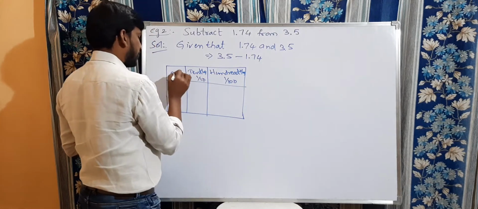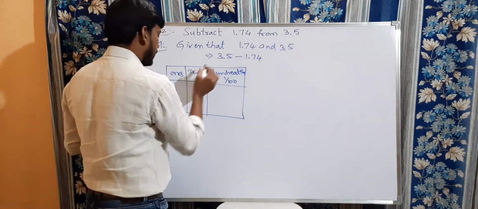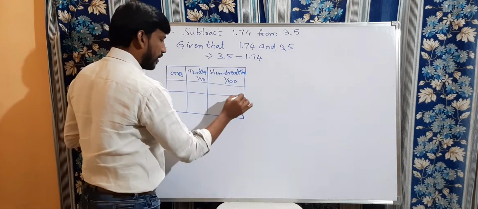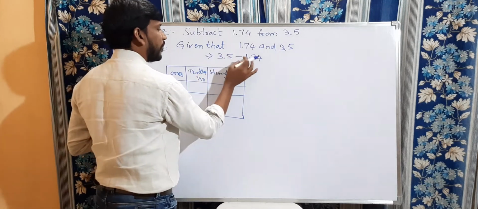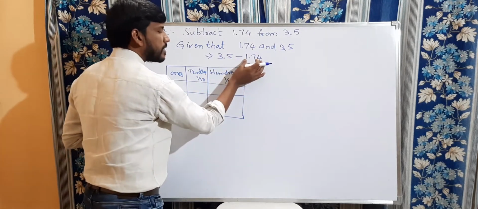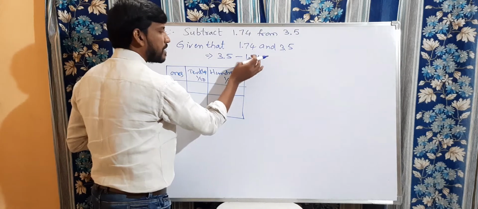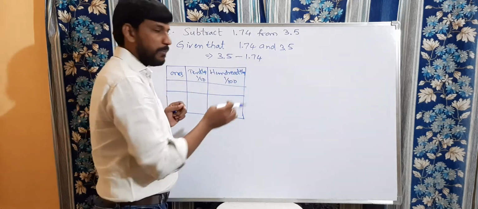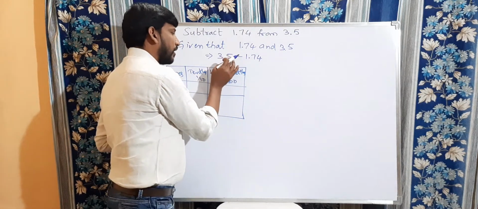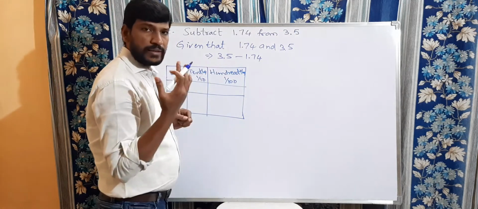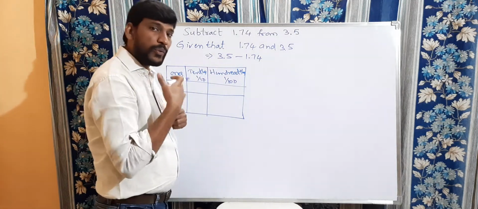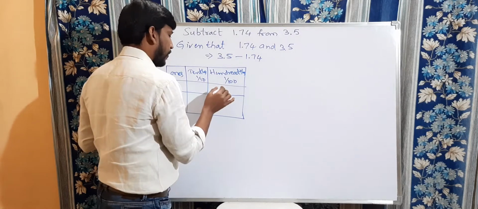This is the 1's place. Now first write the greater value. See here, 3.5 and 1.74. In the second value, we have the 100th place, 10th place and 1's place. But coming to 3.5, we have only the 10th place and the 1's place. There is no 100th place. So what are we going to do? We need to give 0.